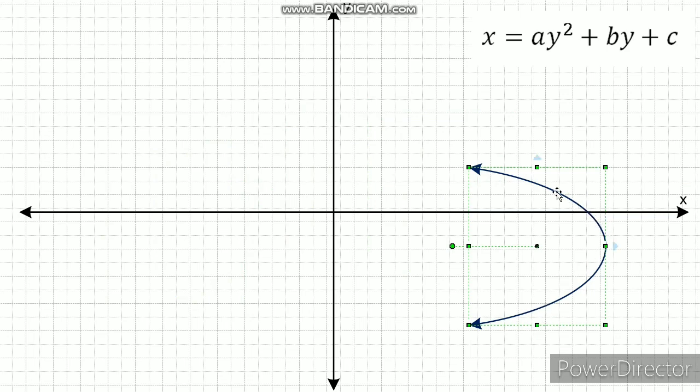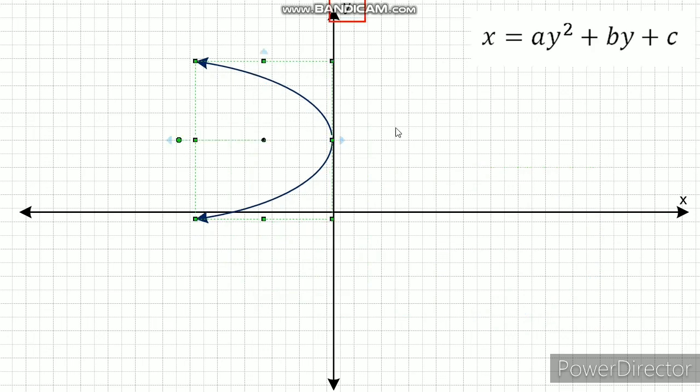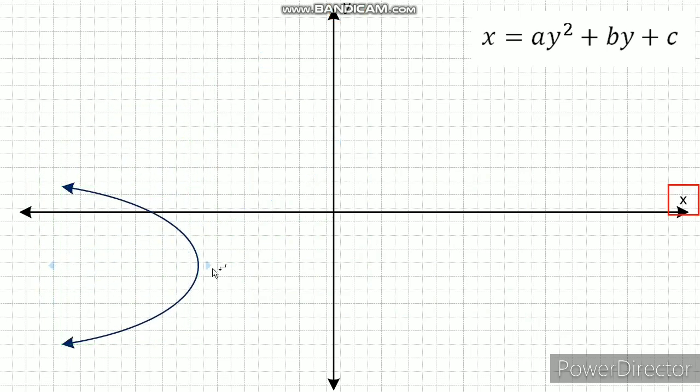Since it has 2 y-intercepts, the discriminant of the equation must be greater than 0. If this is the case, right on the y-axis, it has only 1 y-intercept, so the discriminant will be 0. And the last one, for this kind of parabola, there is no y-intercept, and the discriminant must be less than 0.